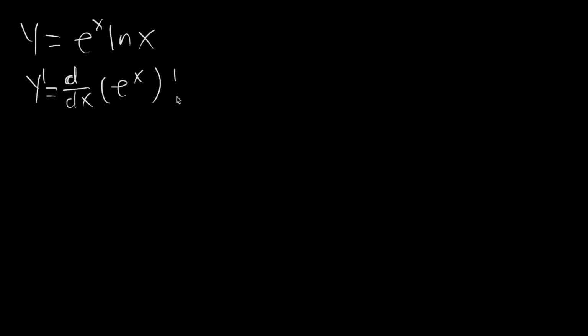y is equal to e^x times ln x. What is the derivative of y? So you need to take the derivative of e^x first, times ln x, and then plus e^x times the derivative of ln x.